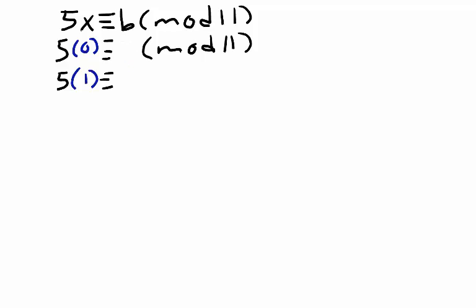So 5 times 0 is congruent to 0 mod 11, since 11 divides into 0 0 times, and there is a 0 remainder. 5 times 1 is congruent to 5 mod 11. This is because 11 divides into 5 0 times with a remainder of 5.